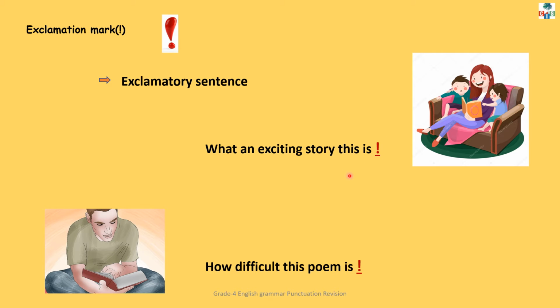So they are showing their feelings about that story. So at the end of this sentence, we will use an exclamation mark. Second example, how difficult this poem is. Yes, this boy is showing his feelings about this poem, that the poem is difficult. So at the end of exclamatory sentences, we will use an exclamation mark.